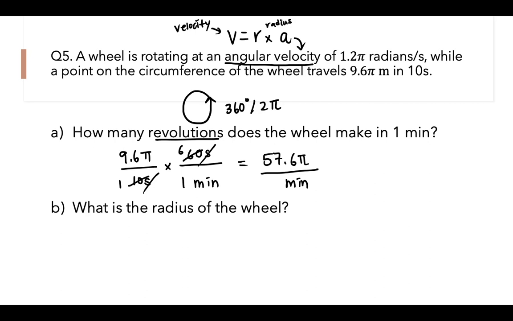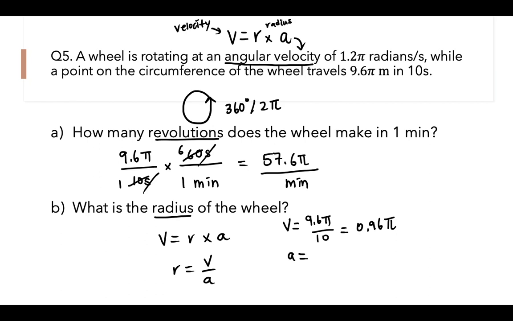Next, what is the radius of the wheel? To find the radius of the wheel, we have to use the angular velocity formula. V is equal to radius times angular velocity. Because we're looking for the radius, let's rearrange. R is equal to V over A. V, we know, is 9.6 pi over 10 seconds, which is about 0.96 pi.